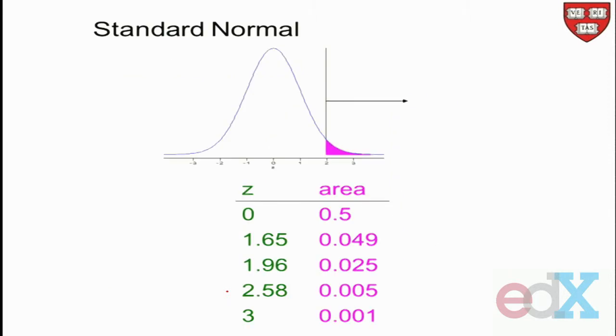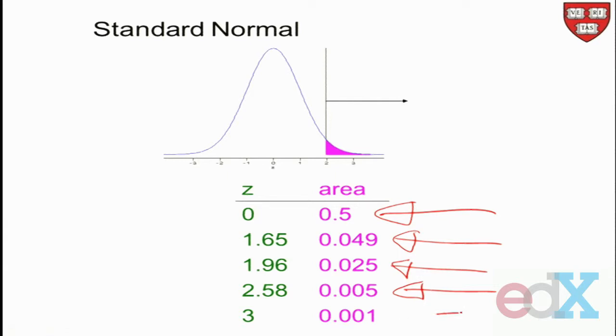Other ones that we use: the area to the right of 0 is 0.5. It's symmetric and the total area is 1, so the area to the right of 0 has to be 0.5. The area to the right of 1.65 is 0.049. When it's approximately 2.5, the area is 0.005.